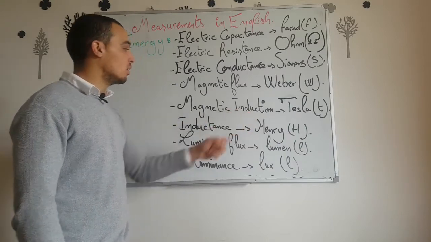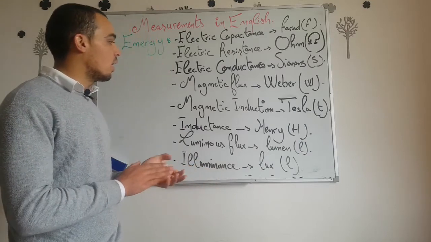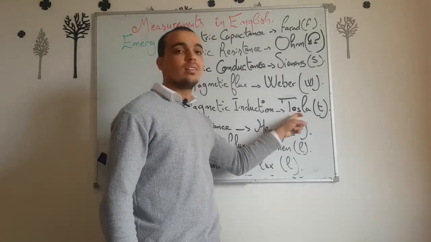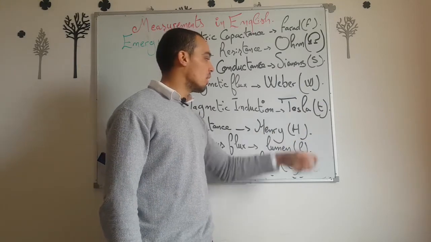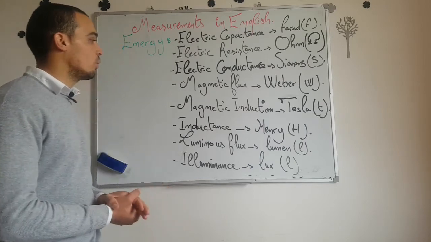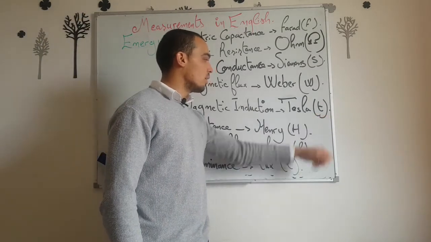In order to measure it, we have a special unit called the Tesla, named after the electrical engineer Nikola Tesla, and the symbol that stands for it is the T.